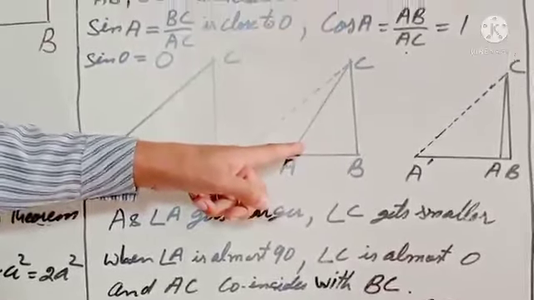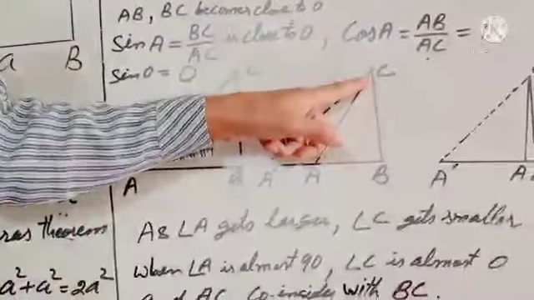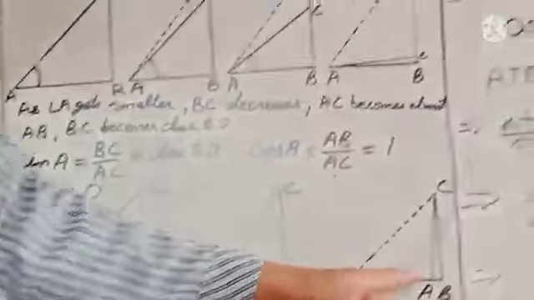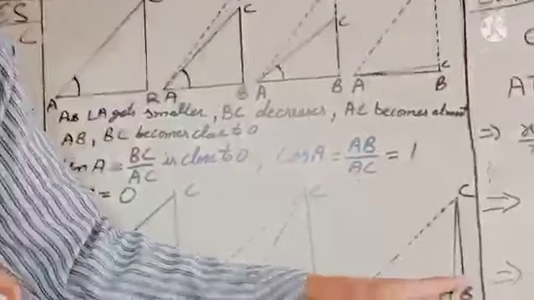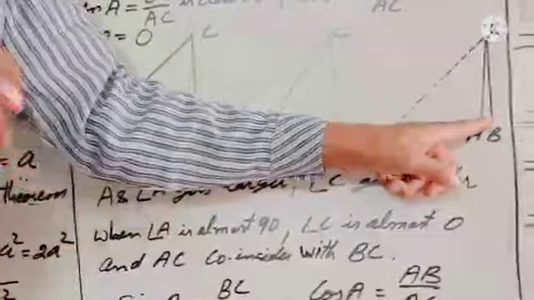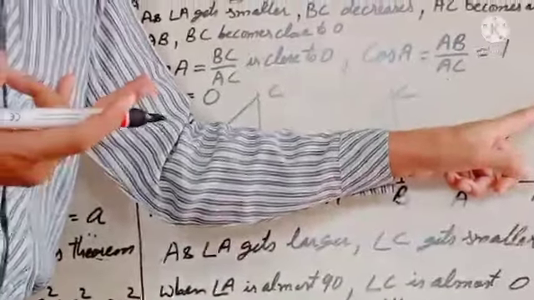As angle A becomes greater, angle C decreases, right? Angle A increases. It becomes almost equal to 90. When A becomes almost 90, C becomes almost 0. See, it is almost, it is not exact.